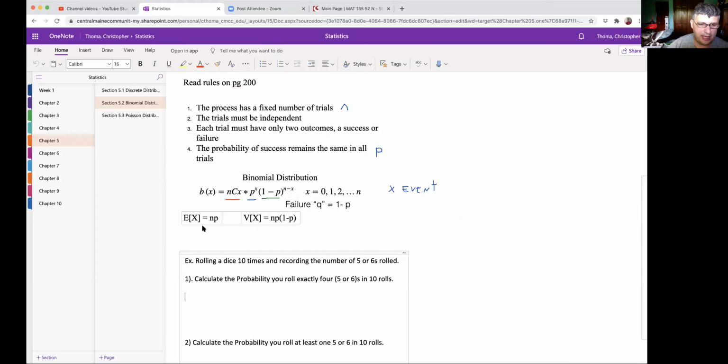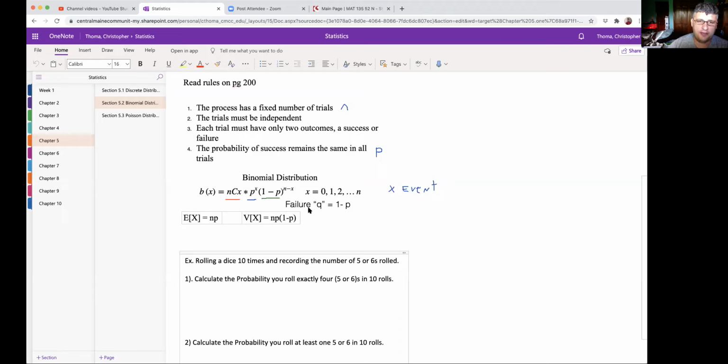To find the expected value, that is the formula from 5.1, where we had to take x times p of x and then add them all up inside our probability distribution function, right? However, if it is binomial and binomial only, expected value is n times p. And if we want to find our variance, it is n times p times 1 minus p, or n times p times q.